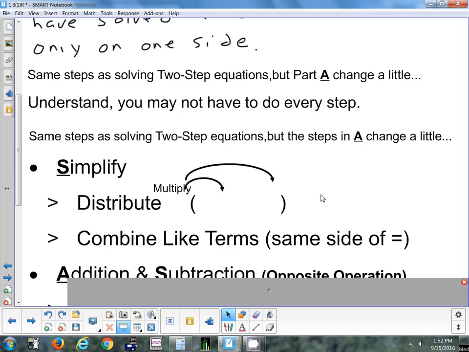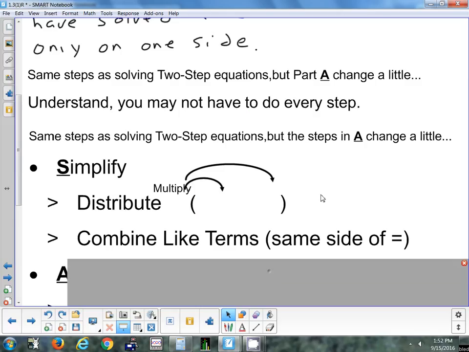And the second thing you do is combine like terms. Okay, now remember, you guys might not have to do every step in every problem. Okay, but the reason we're showing you all the steps now is so that when we get to a problem that has all the steps in it, you already know all the steps. Okay? I don't think we're going to do a problem that has every single step in it until next week. But you guys will already be ready for it.